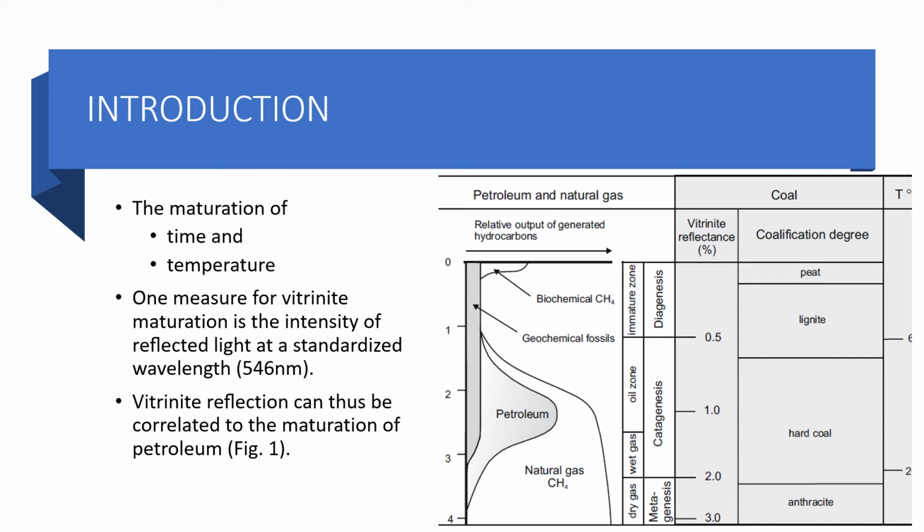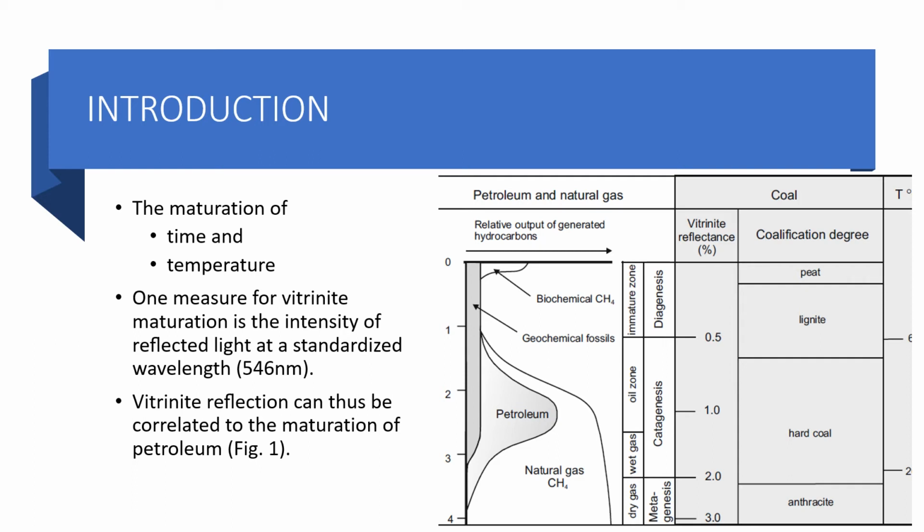This is very important, and this measure for vitrinite maturation is nothing but the intensity of reflected light at a standardized wavelength, which is 546 nanometers. So the occurrence of vitrinite in many sediments enables its use as a general thermal history marker.